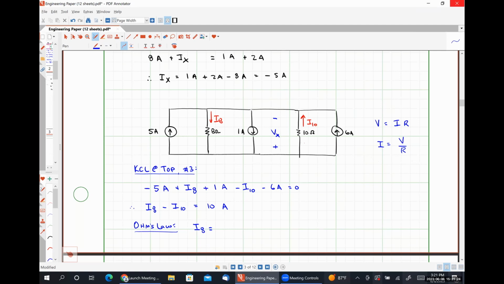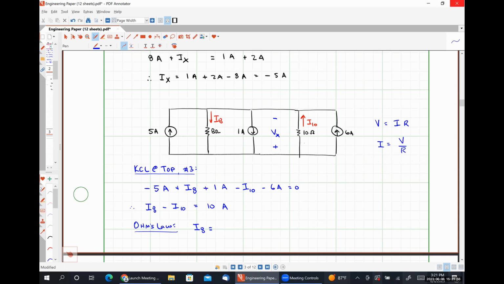That's what we're trying to figure out, right? We have our KCL equation, and it currently has two unknowns in that one equation. So we're going to use Ohm's law to express I8 and I10 in terms of that voltage Vx, so that we wind up with one equation that only depends on Vx, which we can solve for Vx.